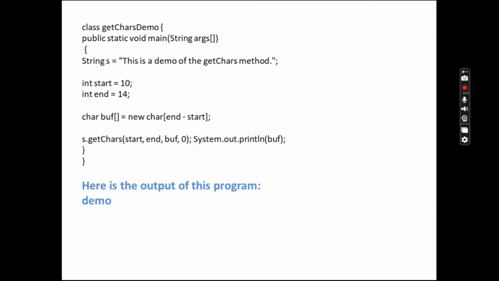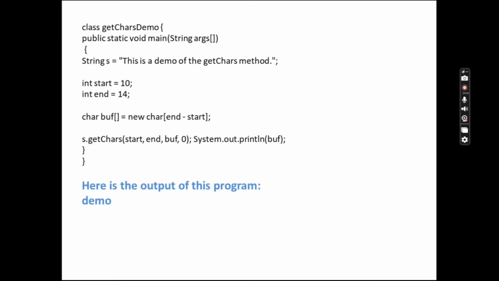This is a demo of the getChars method. Integer start is 10 and end is 14. So the character buffer array is created for end minus start. For 4 values, a new array is created for storing 4 characters, since 14 minus 10 is equal to 4.